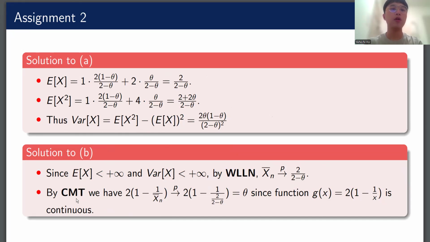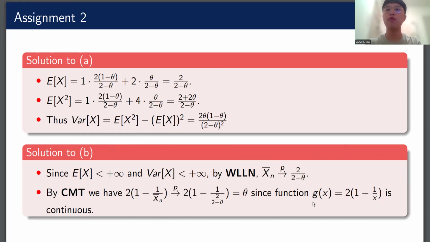We have already learned the continuous mapping theorem. The continuous mapping theorem tells us if we have a continuous function, then g of sample mean must converge in probability to g of 2 over 2 minus theta.